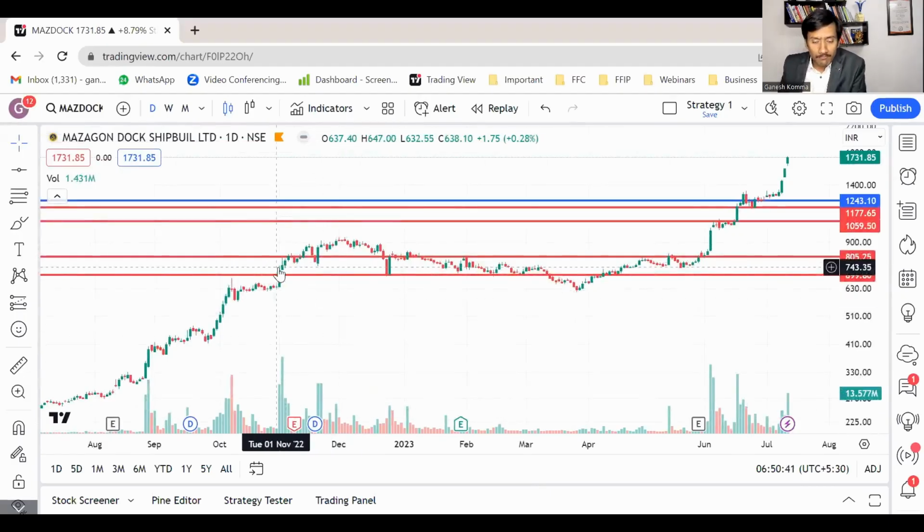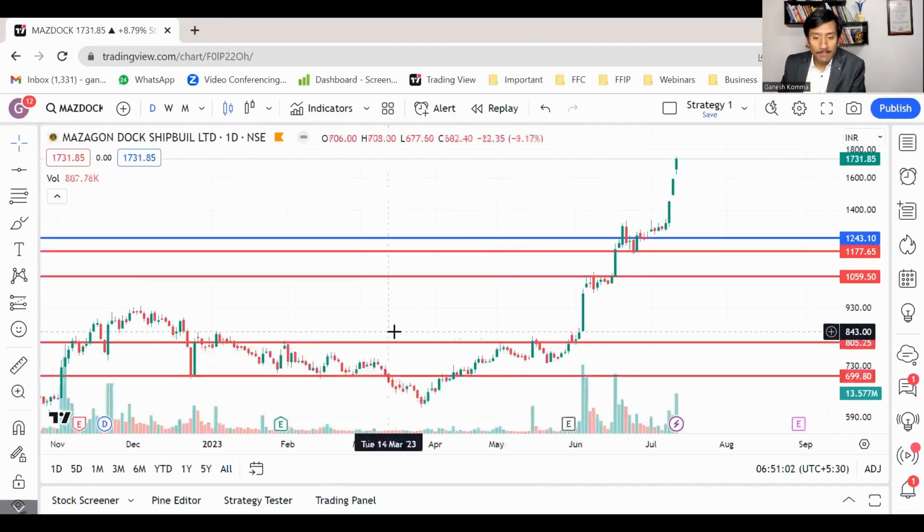And again, as the stock has moved up, as you see here, it was consolidating. And yes, now this red line forms the support level. It came a little low at this level and again it has retraced up.